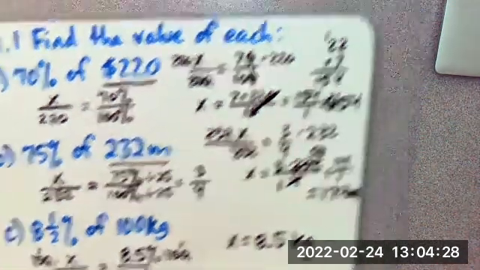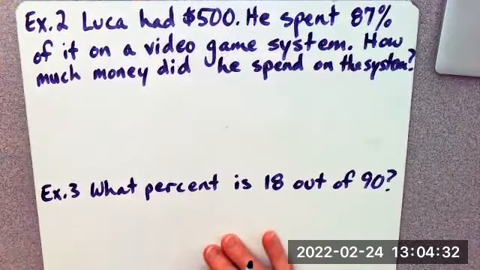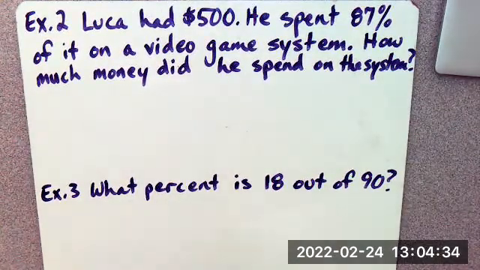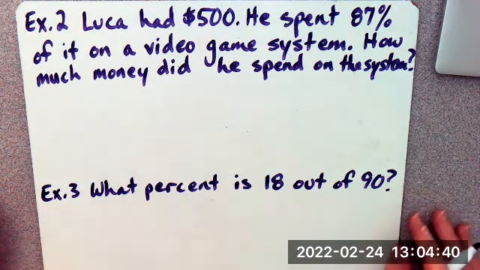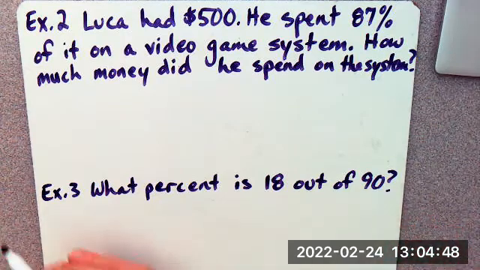All right, so let's do some real life problems. Luca had $500. He spent 87% of it on a video game system. How much money did he spend on the system?